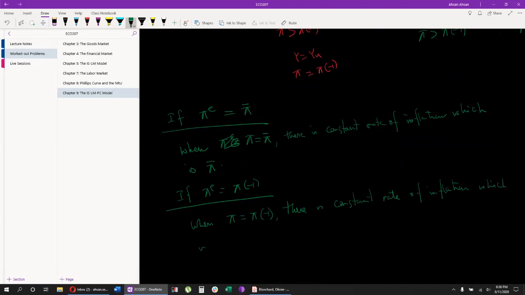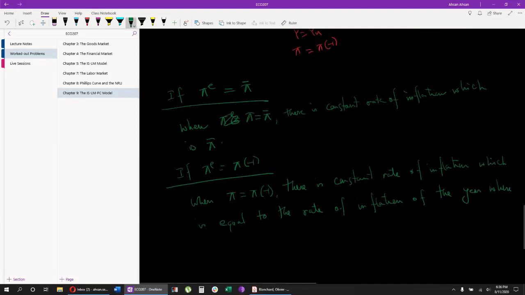which is equal to the rate of inflation of the last year when this was not equal to this.